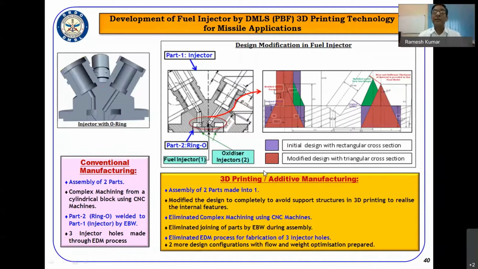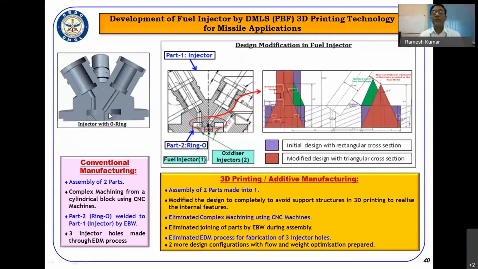We eliminated complex machining using CNC machines and eliminated the joining of parts, because the 2 parts have been clubbed into a single assembly. So EBW has been eliminated, and also the fabrication of 3 injector holes. These are the primary advantages, the value addition of the features when we transfer the conventional component into 3D printing.